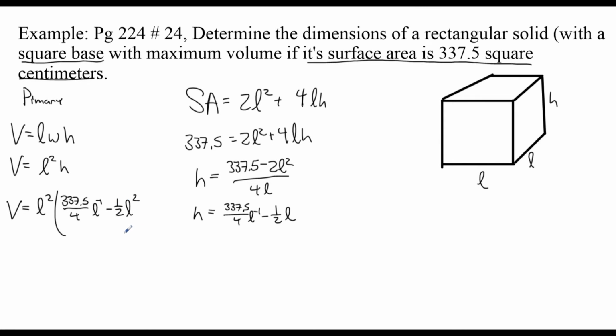Okay, that looks good. And so I want to multiply it out here. L squared times L to the negative 1 will give me 337.5 over 4 L, now to the first power, minus 1/2 L to the fourth power.